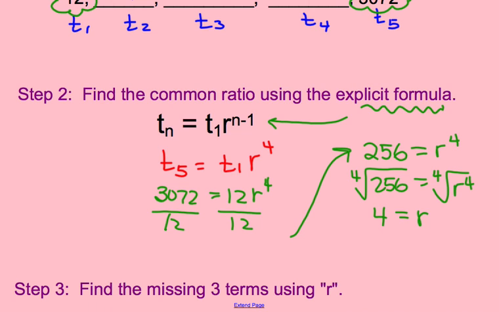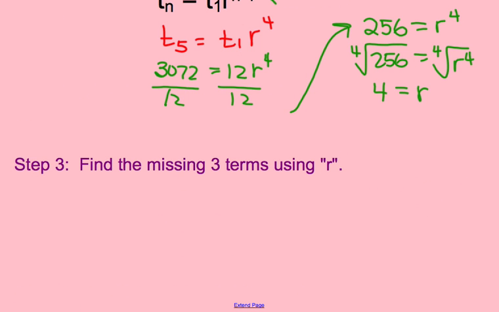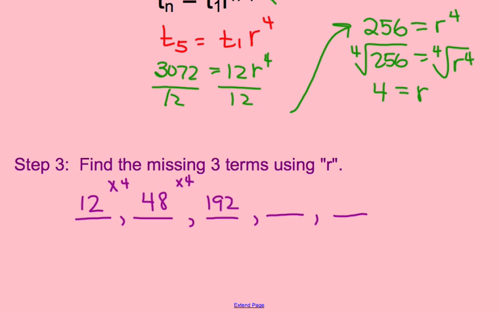Now we can go ahead and find the 3 missing terms. So if you remember, your first term was 12. To find the next 3 terms, we're going to continue multiplying by 4. So 12 times 4 is 48. And multiply by 4 again, so 48 times 4, here we get 192.